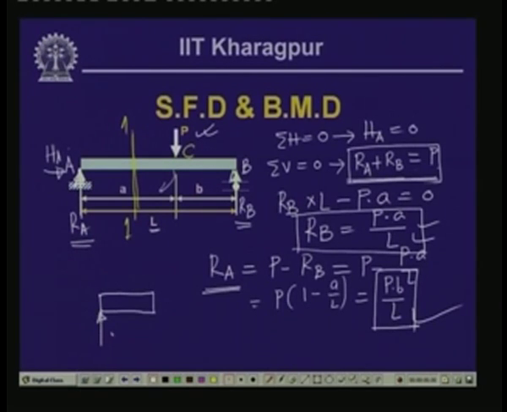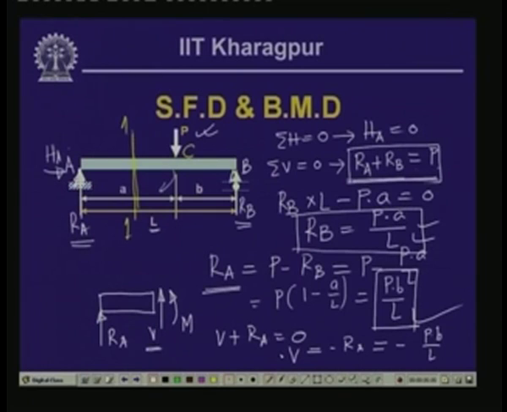Here we have the reactive support R A. Now, on this part there is no external load, but on this section there will be stress resultant V and the moment M. Now, if we take the equilibrium of the vertical forces, then V plus R A is equals to 0. So, this gives us a value of shear force equals to minus R A, and R A, we have seen, is P B by L. So, this is equals to minus P B by L. So, this is the value of the shear force.